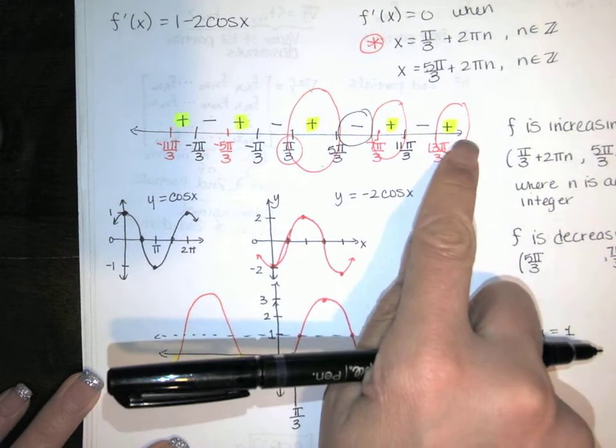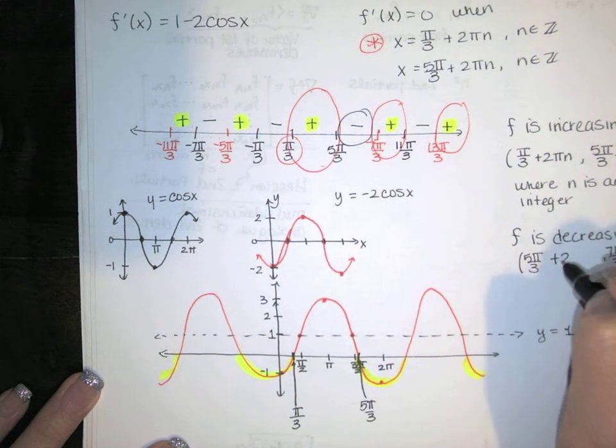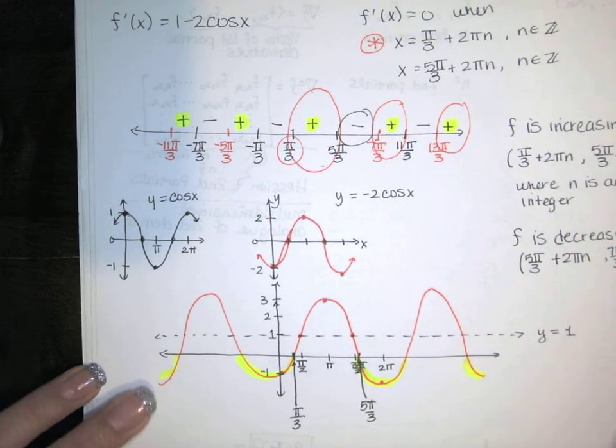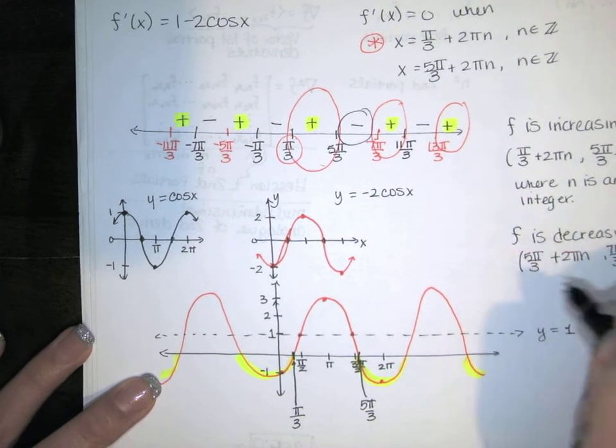But in order to get the next interval, I can add 2 pi n to this, and add 2 pi n to this. And again, n is an integer.